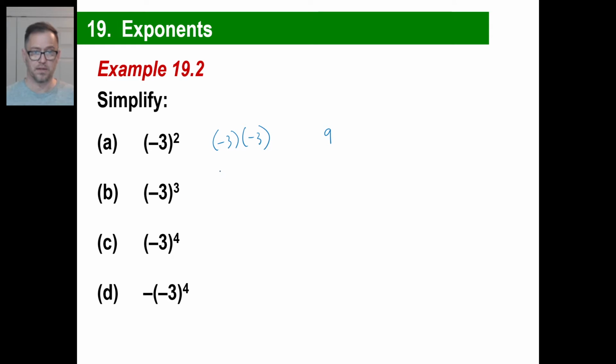This one here, you can go ahead and do this out if you'd like to. -3 times -3 times -3, right? Well, first off, there are 3 negative signs, 1, 2, 3. So we know the answer will be negative, because two of these will cancel each other out and make positive. 3 times 3 times 3 is 27, so there is your answer.